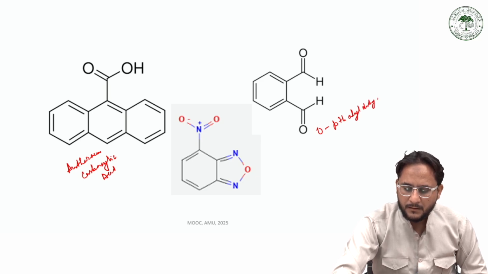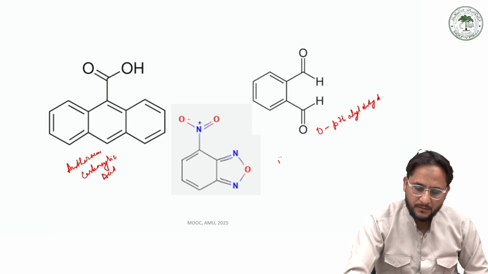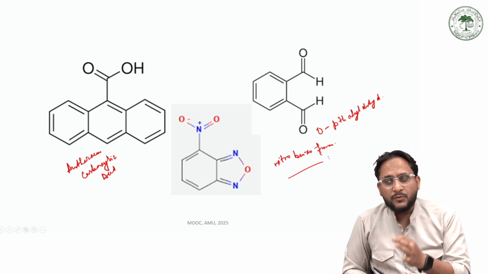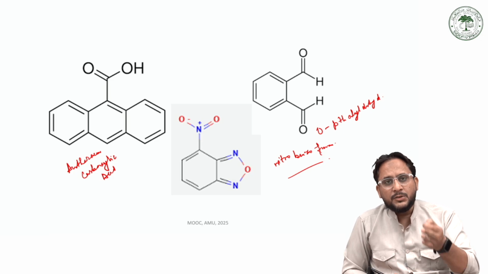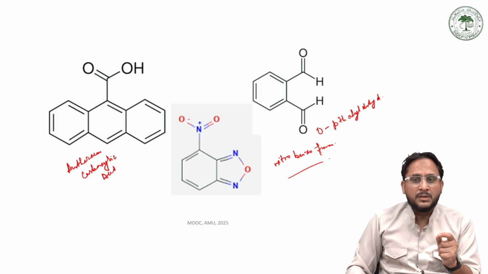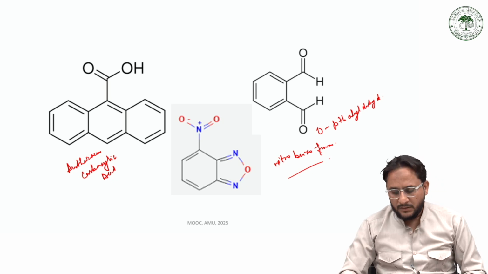Aldehyde, and then we have nitrobenzofuran. So these are fluorescent compounds that are basically used to derivatize non-fluorescent compounds into a fluorescent derivative.